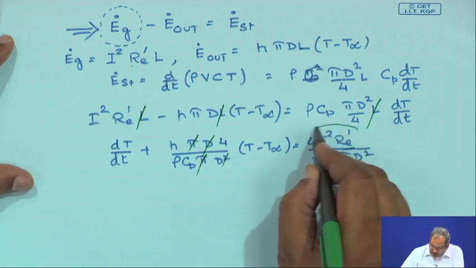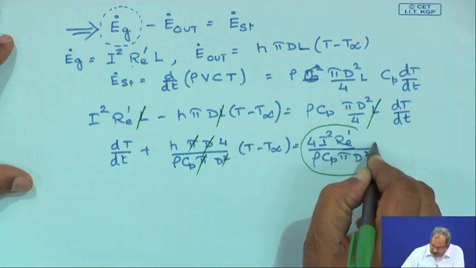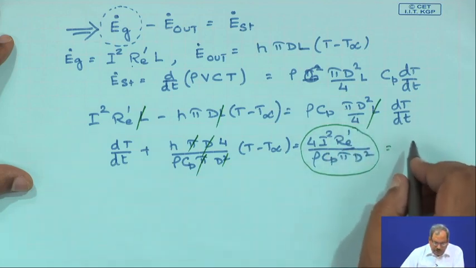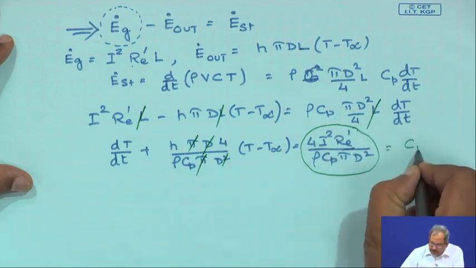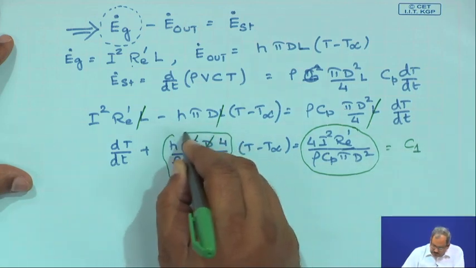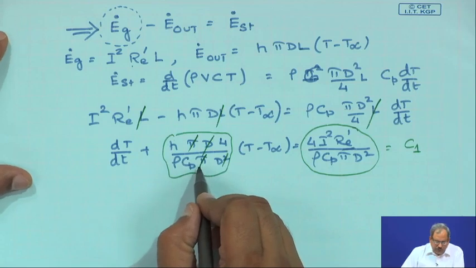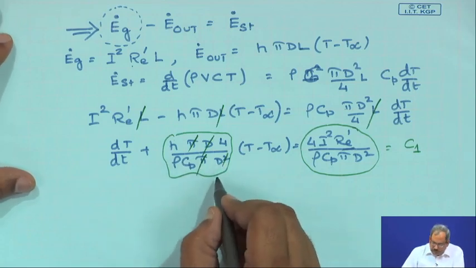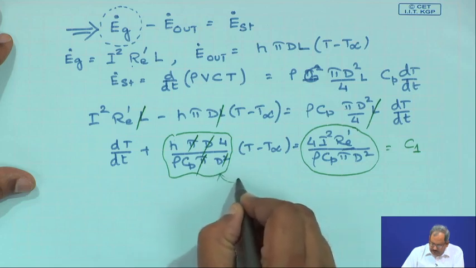Now, if you look at this part, this is nothing but a constant. Let us call this C2, and this is also a constant, 4h by rho Cp times d. So, this is another constant, let us call it C1.